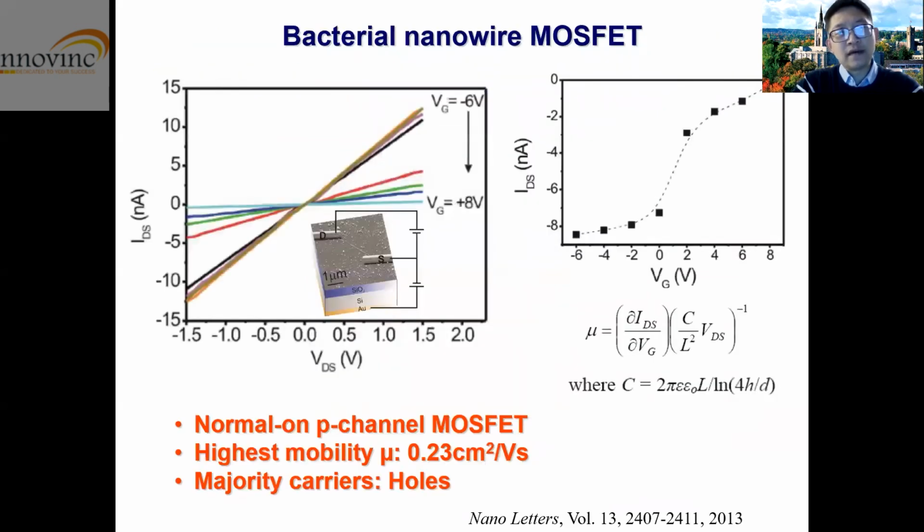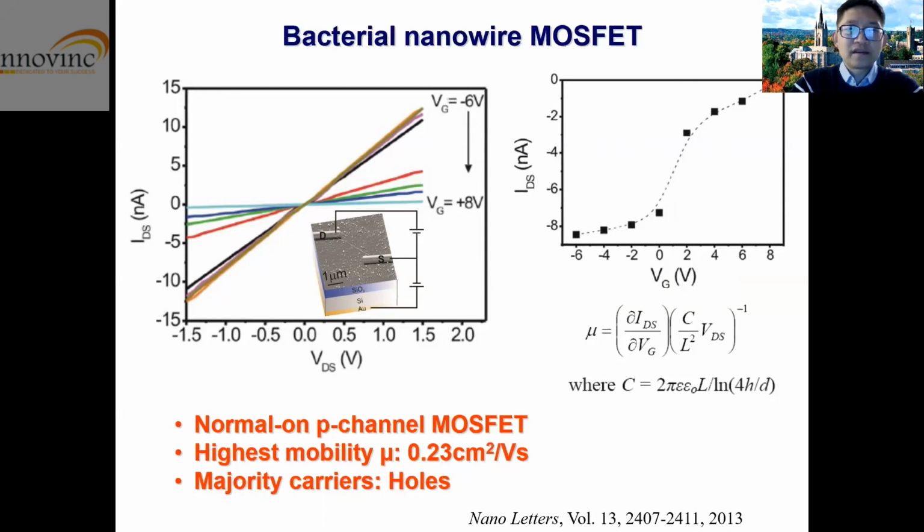So this is the result. We found if we change the gate voltage, for example, if we increase the gate voltage, the current reduced, which indicates the charge carriers are holes, and this bacterial nanowire is a p-type like semiconductor.